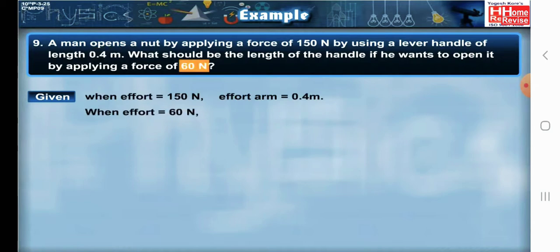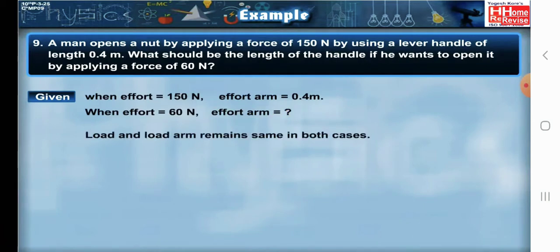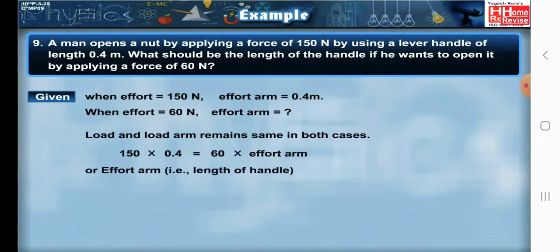When effort is equal to 60 Newton, what is effort arm? Load and load arm remain the same in both cases. 150 into 0.4 is equal to 60 into effort arm, or effort arm, that is length of handle, is equal to 150 into 0.4 upon 60, which equals 1 meter.